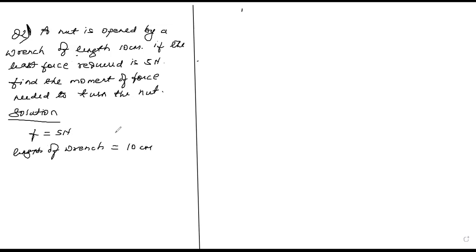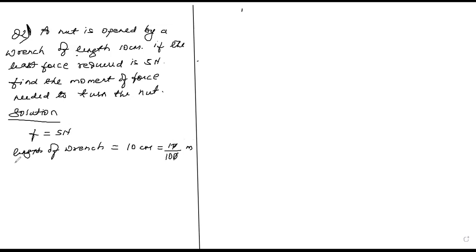I always tell my students the first thing: check whether the given information is in the same units. This is Newton, MKS, SI unit, and 10 centimeter is CGS. 10 centimeter should be converted into meter. How do you convert centimeter to meter? Divide by 100. So it is 1 by 10.